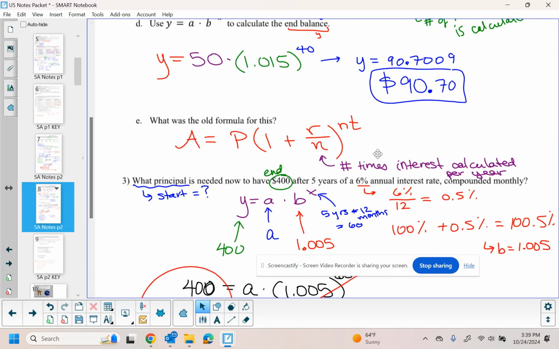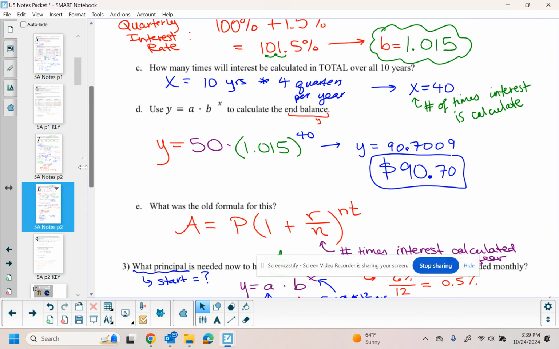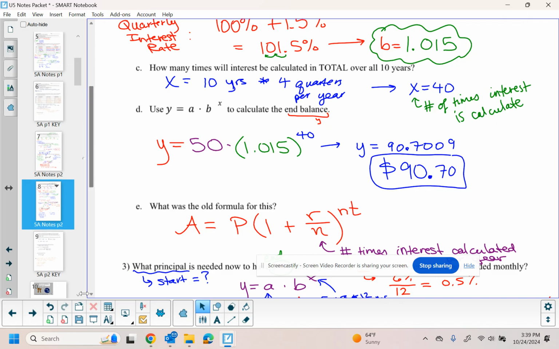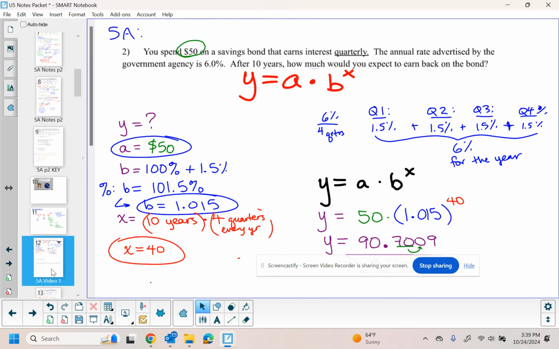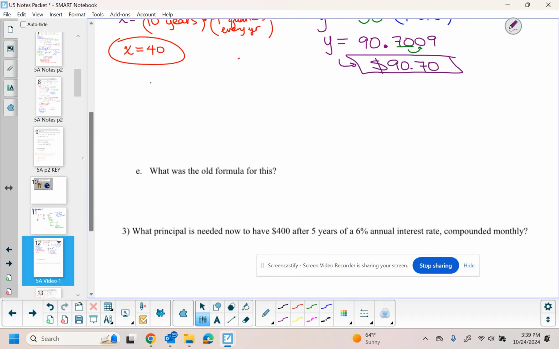This was the old formula, where N is the number of times that the interest is calculated in a year. So that is the old formula for this. We can write that one down. If you are using the old formulas, this is optional. It's up to you if you want to use it or not.